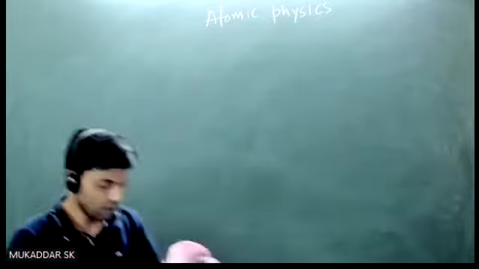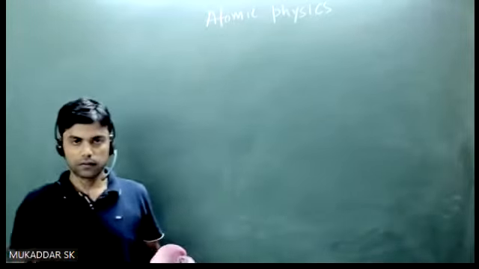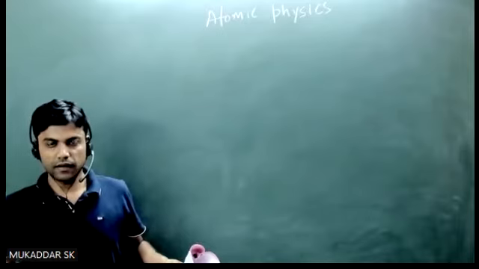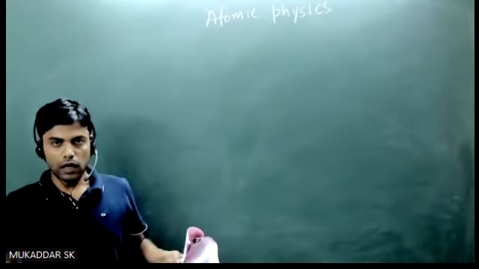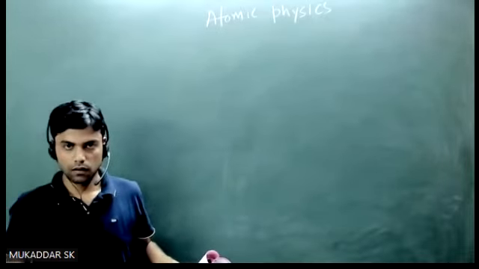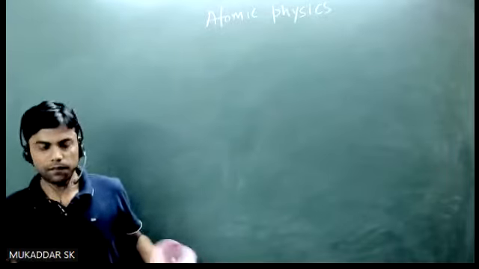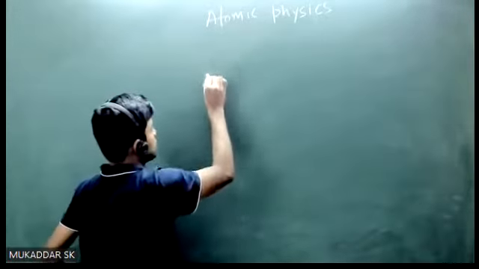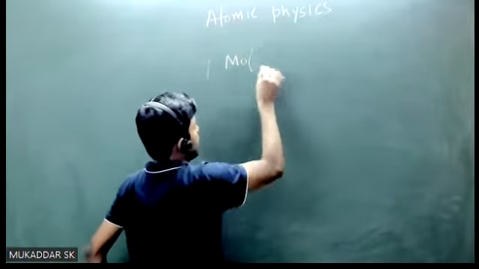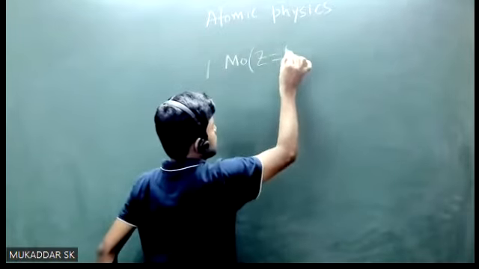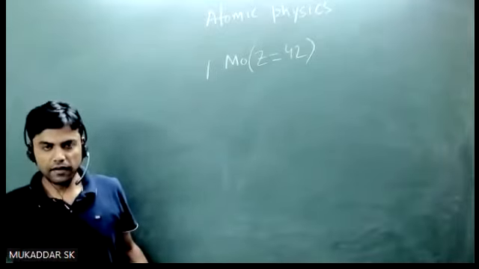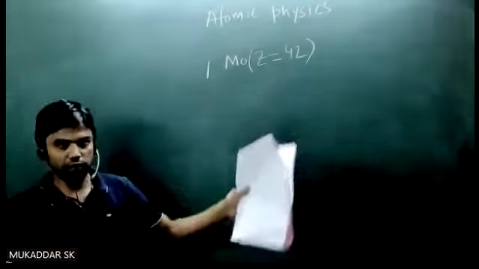Please write that problem. The wavelength of K alpha X-ray of molybdenum, its symbol is Mo, and inside the bracket we have to write that atomic number is 42.